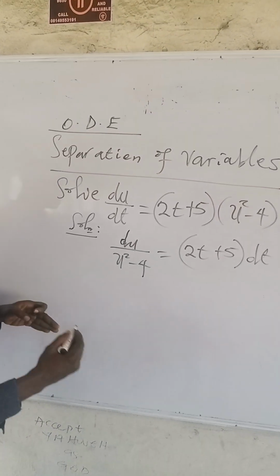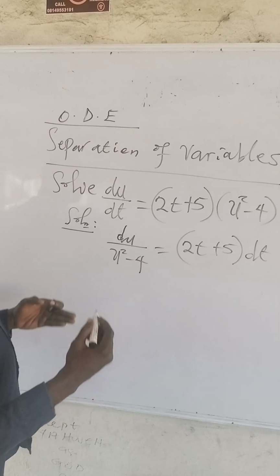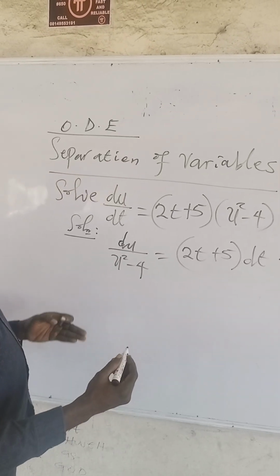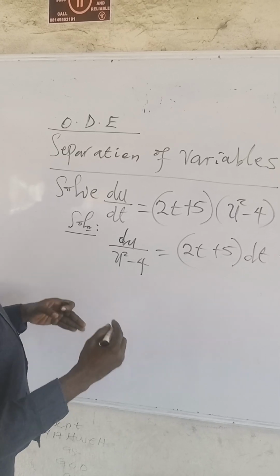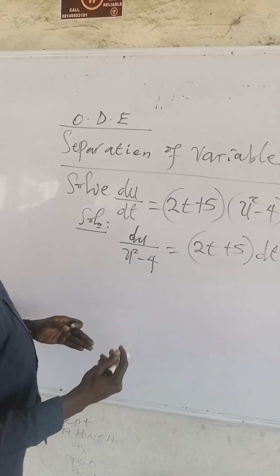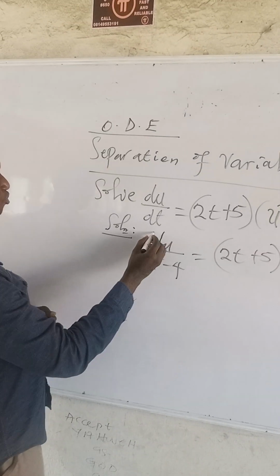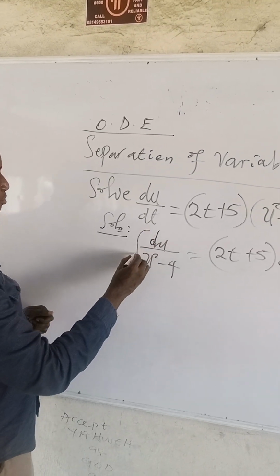Now, the general and particular solution, when you are given an IVP, initial value problem, is also an application of integration. If it is the general solution, that's the end of the answer. So what you do is integrate both sides.